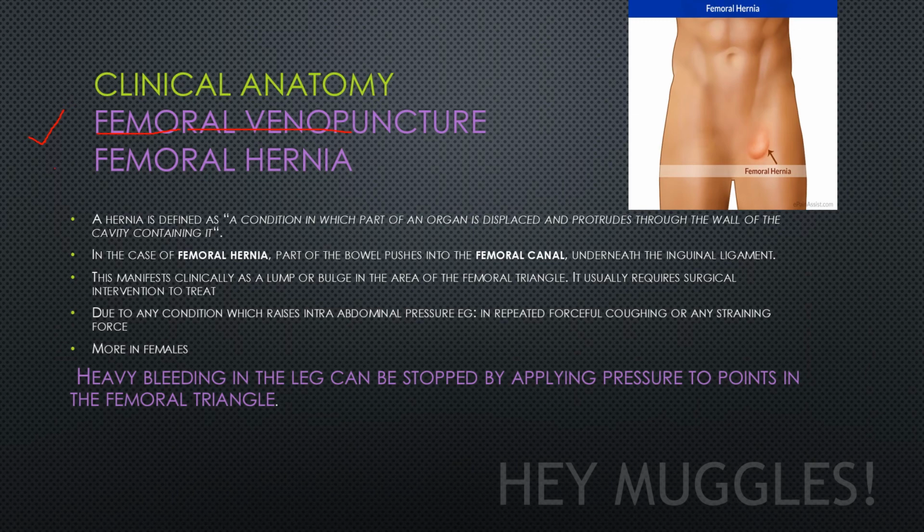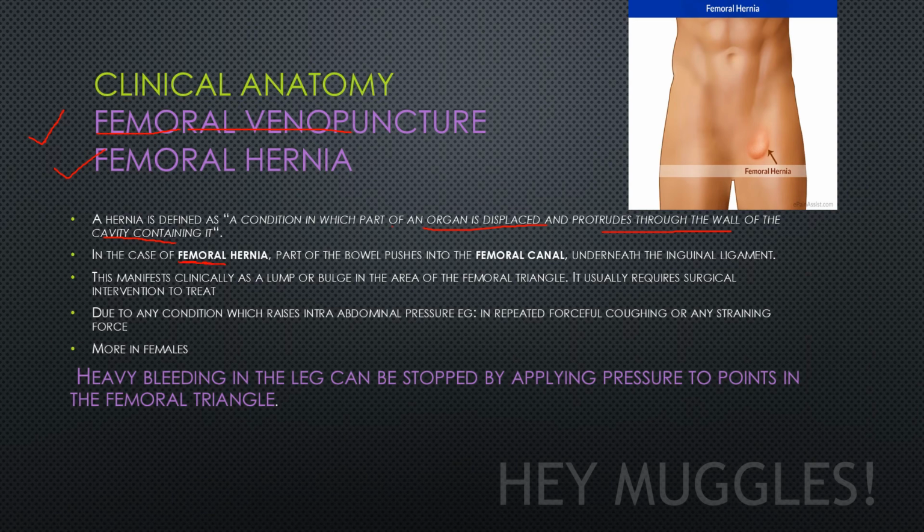Then we have femoral hernia. So what is a hernia basically? Hernia is a condition in which an organ is displaced and it comes out through the wall of its cavity, right? So what is femoral hernia?